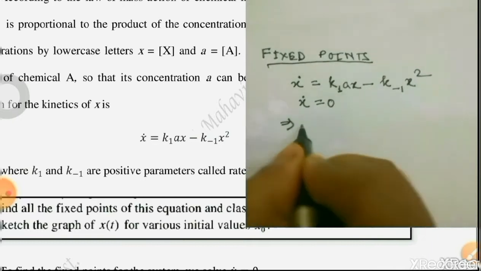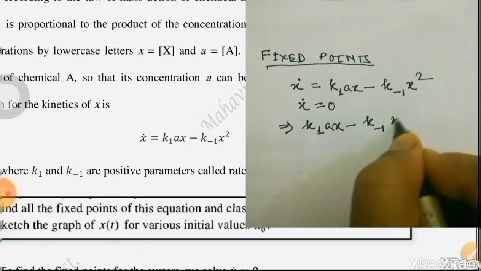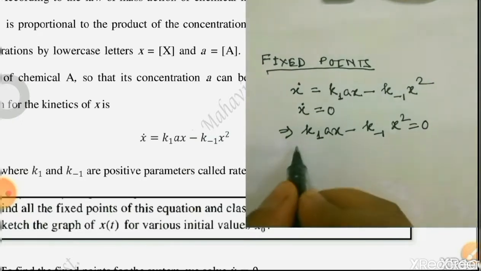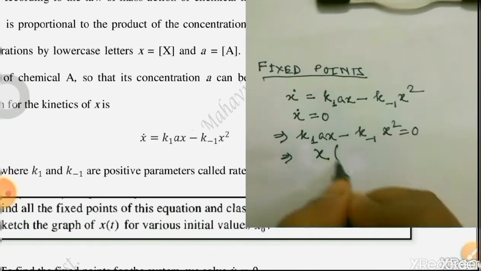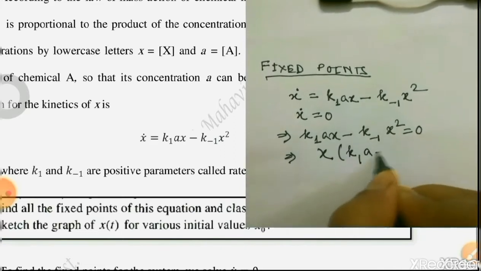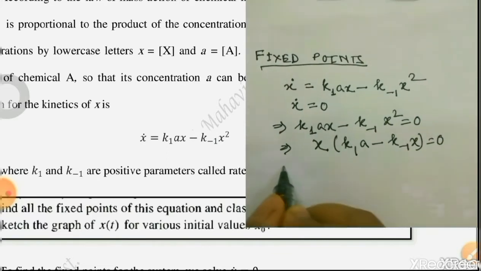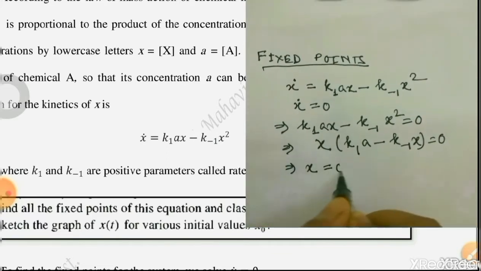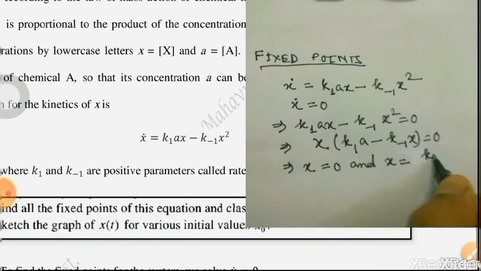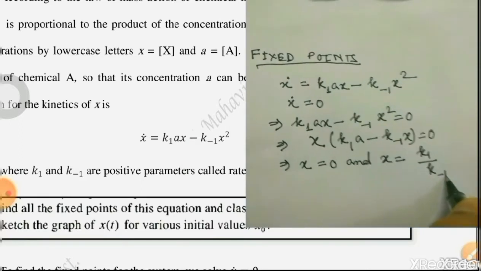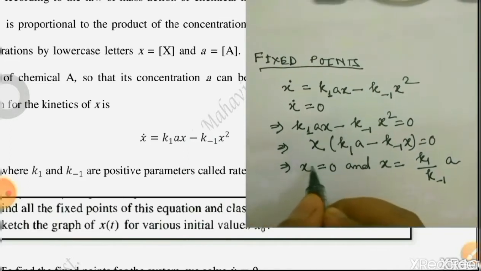This gives k1 a x minus k minus 1 x squared equals 0. Taking x out of the bracket, x times (k1 a minus k minus 1 x) equals 0, and this gives x equals 0 and x equals k1 divided by k minus 1 into a. So these are the two fixed points.